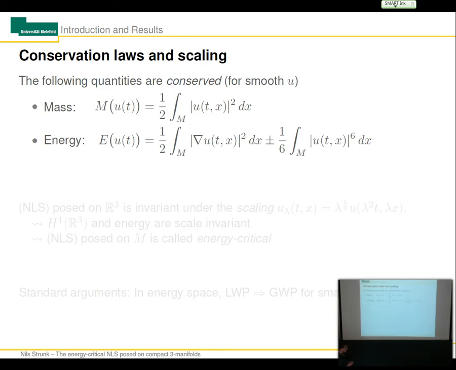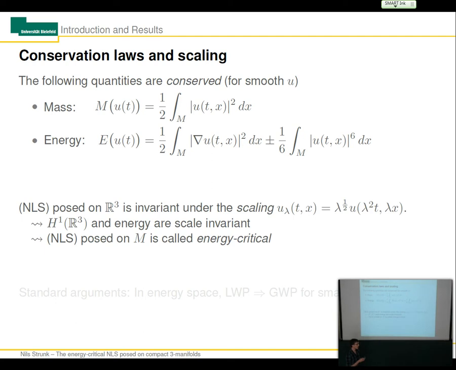First of all, there are 2 conserved quantities. The first one is the mass, which is basically just the L2 norm squared. Then we also have the energy, which is basically the H1 norm squared plus the L6 norm. If we consider the quintic nonlinear Schrödinger equation on R3, we have a scaling.